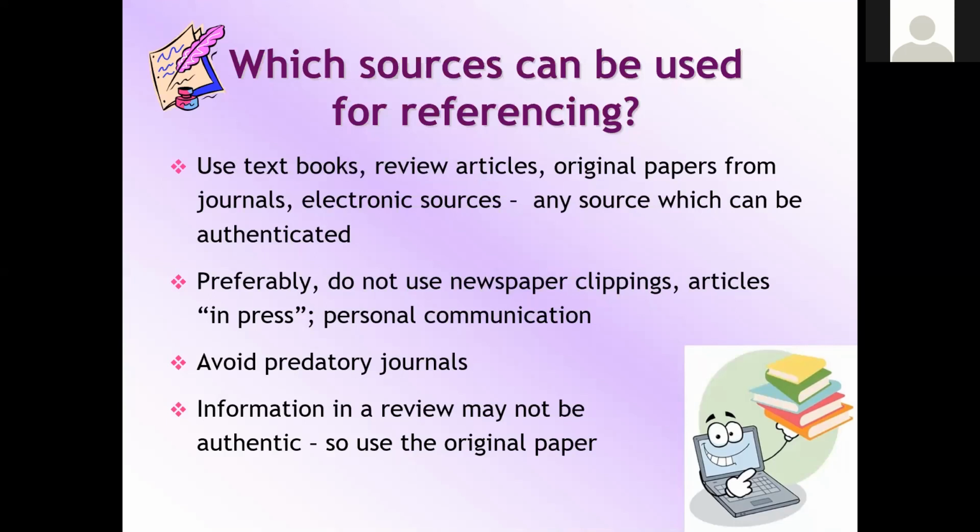So this may not be the point of view, or what the author of the original paper wanted to say. So they say do not use a review. Instead of a review, use the original paper. This is for manuscripts. But generally, for thesis, we allow the use of reviews. Okay.